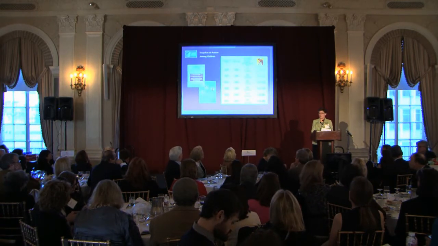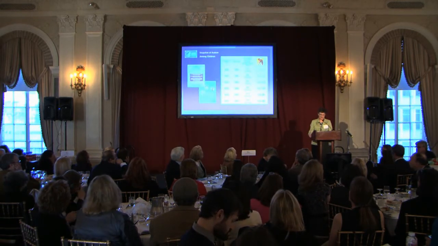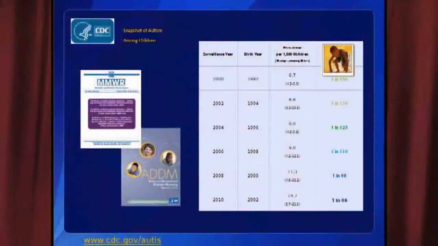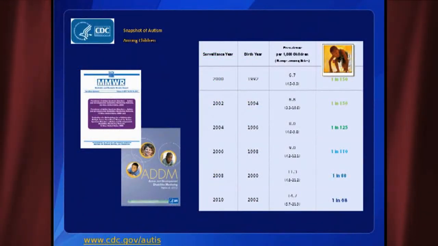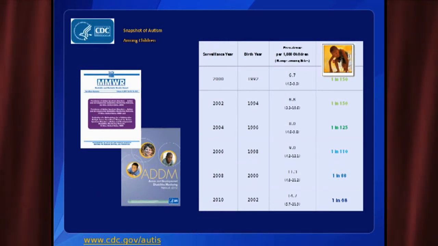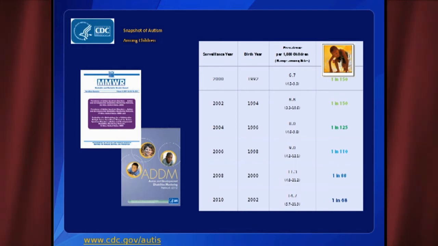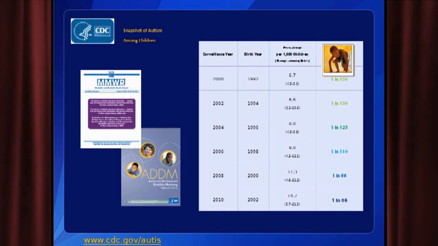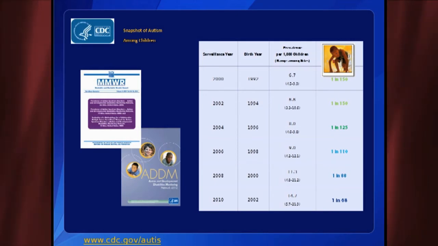CDC has continued to provide updated snapshots of the population of children with ASD in multiple areas of the US. CDC's prevalence estimates have changed from 1 in 150 in the years 2000 and 2002 to 1 in 88 in the year 2008, to the most recent estimate of 1 in 68 children. 1 in 68 children identified with an autism spectrum disorder.